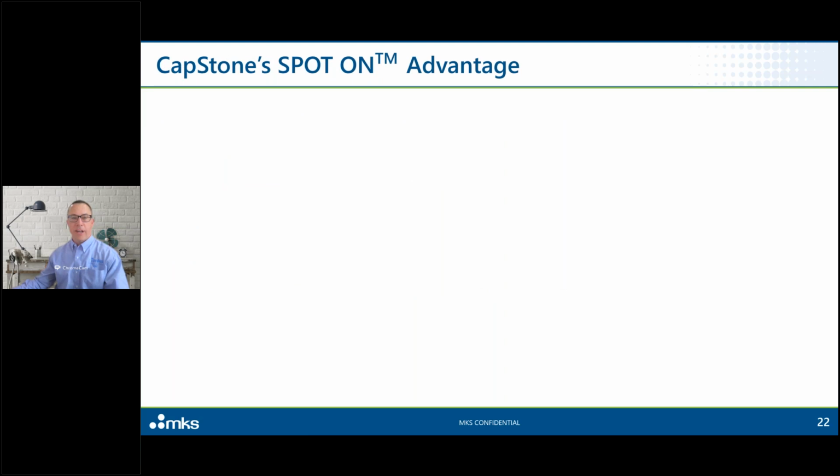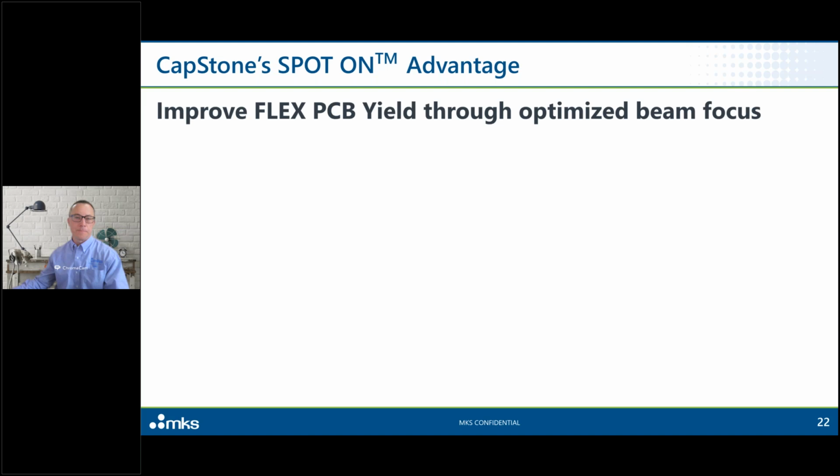All right, with that, I did want to run through and just highlight again some of the key advantages for Spot On. So again, the primary benefit for Spot On is an improvement in yield for your processing.